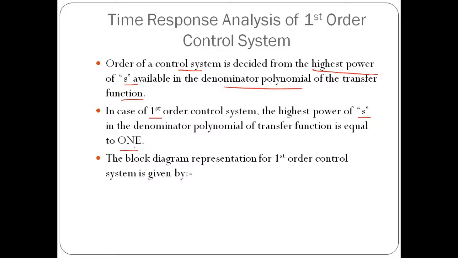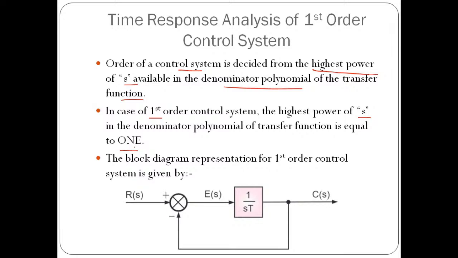So the block diagram for first order control system is given like this. So this is the example for first order control system. Now, why is it the example for first order control system?